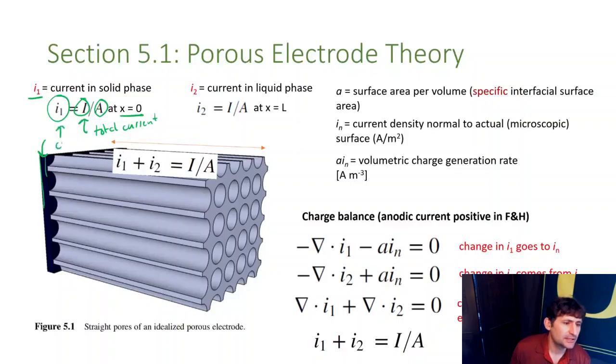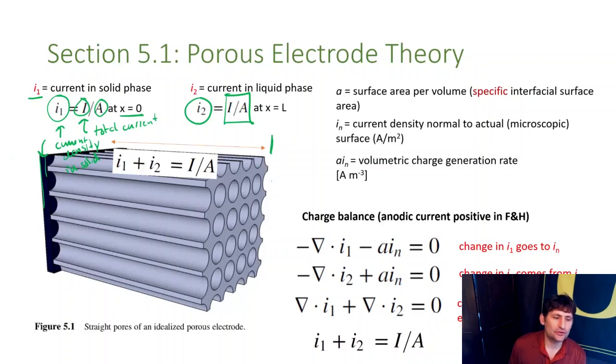So this is going to be current density in solid. Now, at x equals 0, you only have solid, so all the current needs to be in it. Likewise, I2, which is the current in the electrolyte, at x equals L, has to also be equal to I over A, because again, all the current is now flowing in the electrolyte. The solid is gone.